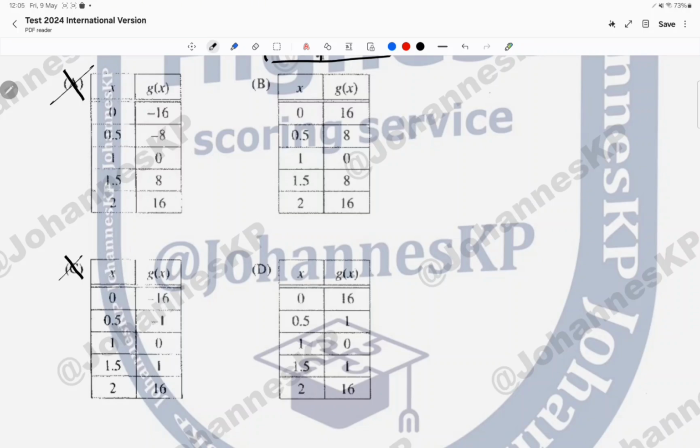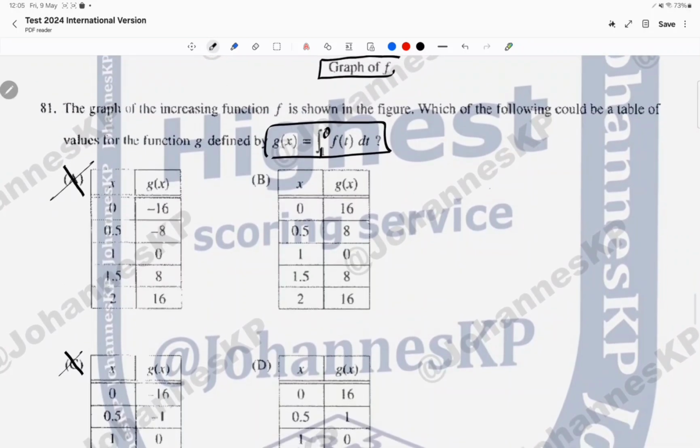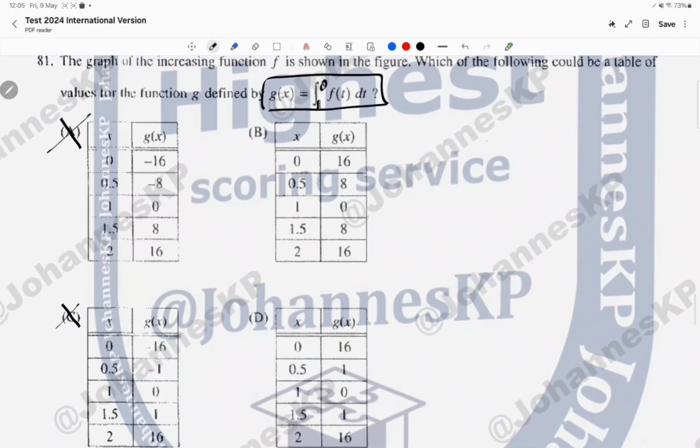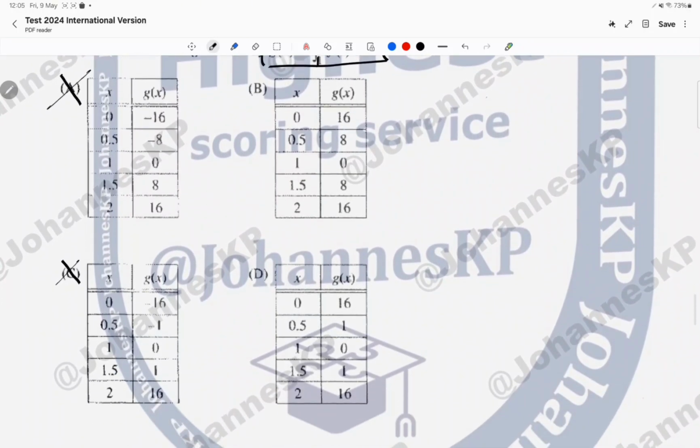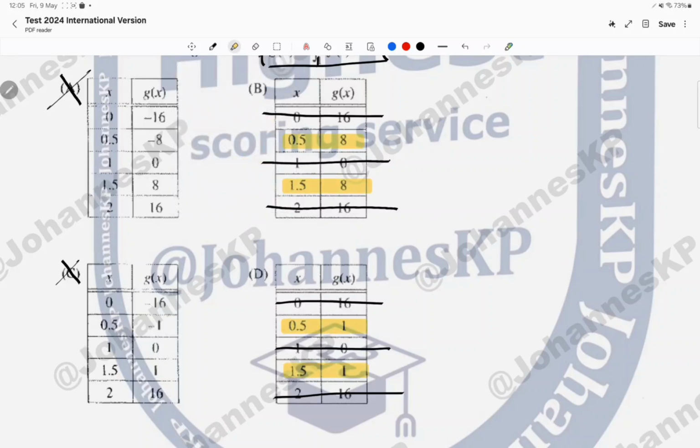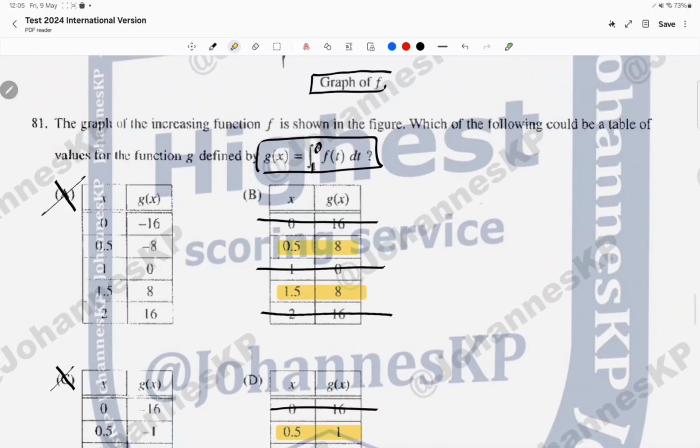Yeah. And so now how are B and D different? They both have the same first row. And they both have the same third row. And they both have the same last row. So only compare this, this, this, and this. Okay.